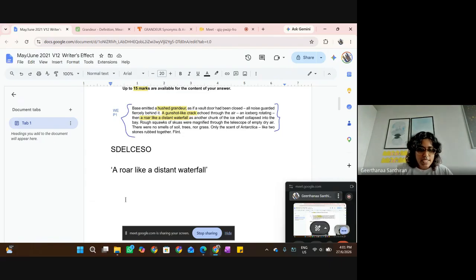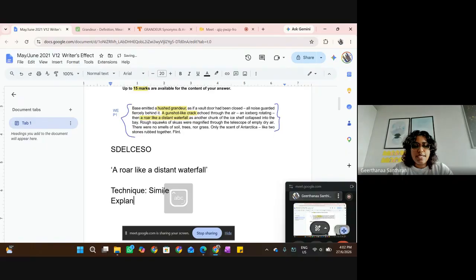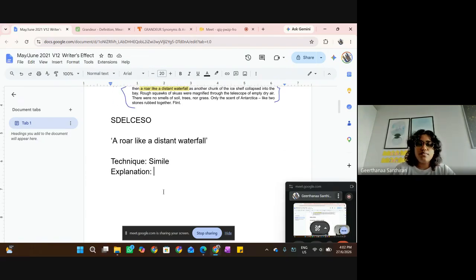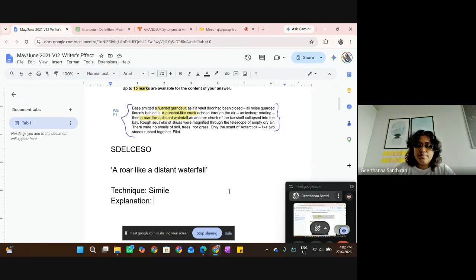Okay. So yeah, this one, I believe it's most suitable to start with pointing out the technique, the language technique, which is it's a simile, and then explaining what is being compared to what, what do they have in common, what is being highlighted. So explanation, another chunk of ice.